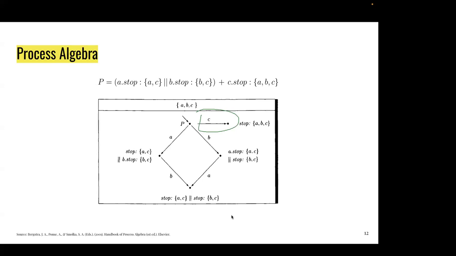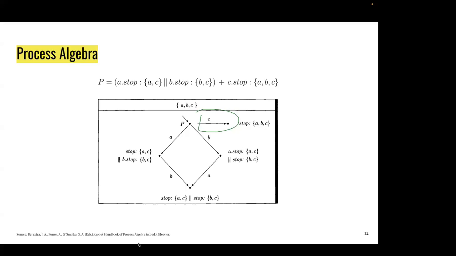Then from the starting point, we might have A or B happen in parallel. So if A happens, then we move to the state of the system where a process is stopped, but it can still synchronize with C, which we can see in the curly brackets.